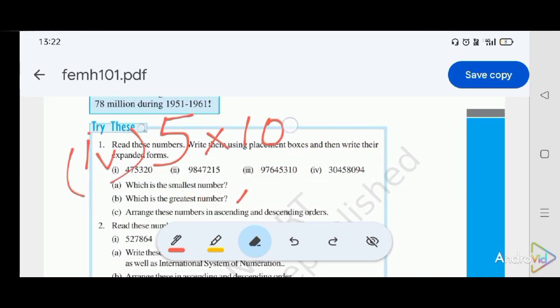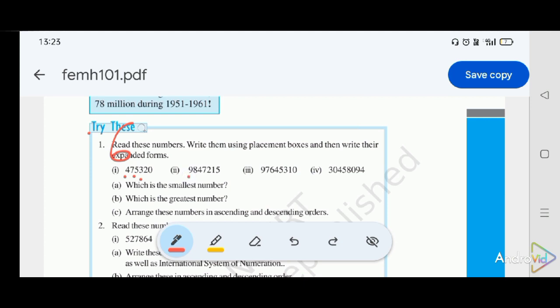In this we have to find which is the smallest number. Simple. The number which has the very least number of digits will be the smallest number. Let us check the number of digits for each of these. The first number is 4,75,320, right? It has 6 digits.